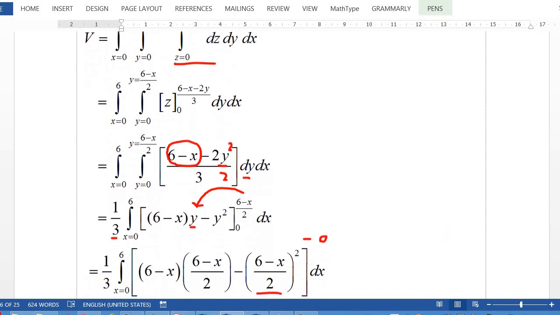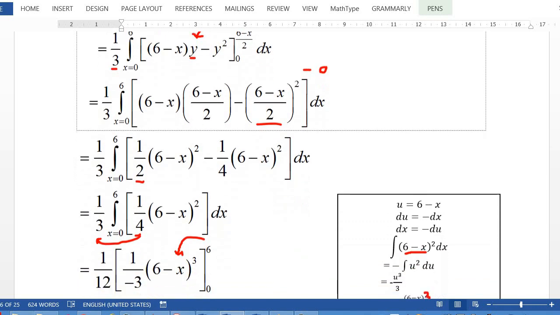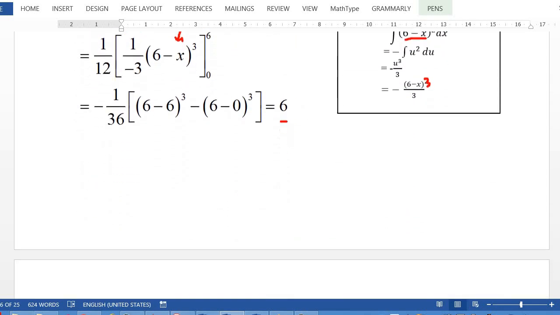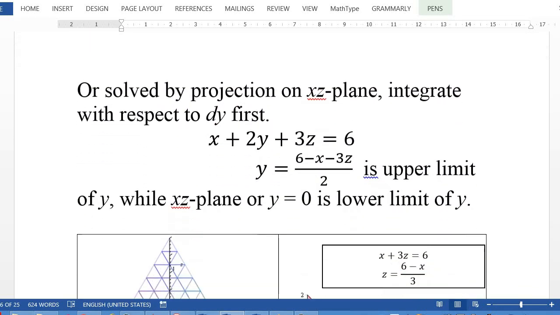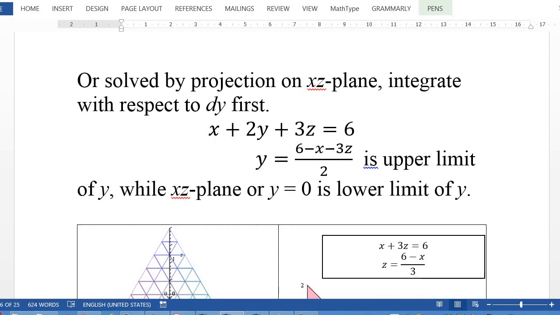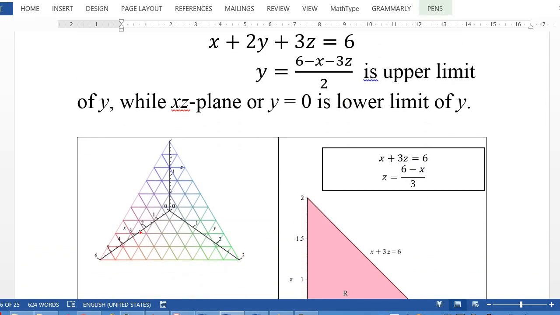Besides that, if you view this solid as parallel with your y-axis, then its projections will be on, I mean, parallel with the y-axis.